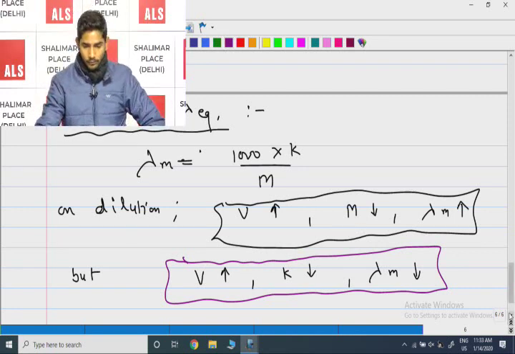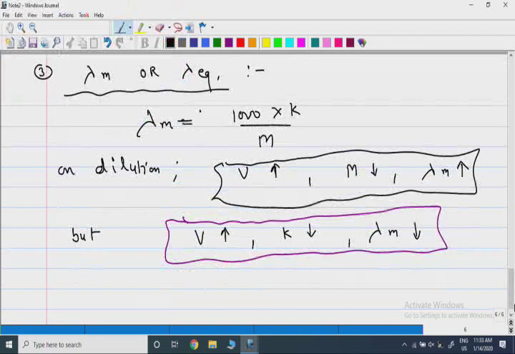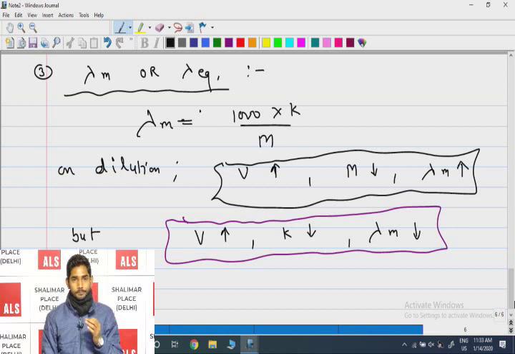It is experimental that molarity is the dominating factor out of kappa and M. So we decide the effect of dilution on lambda m with the help of molarity, because that is the dominating factor. That was determined from experimental phenomena, and after that we concluded.